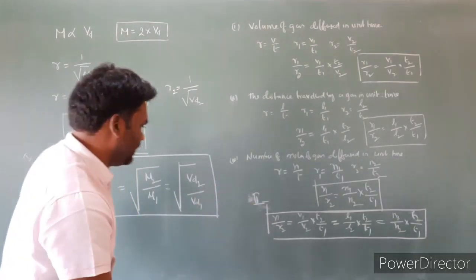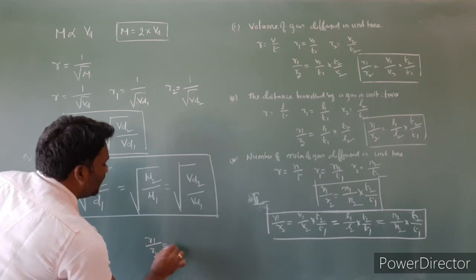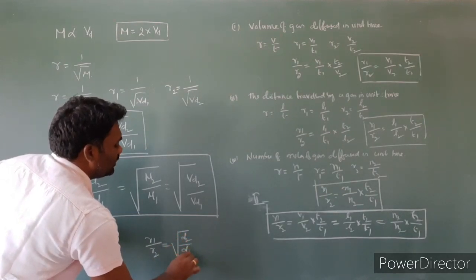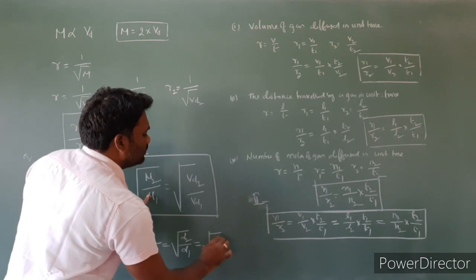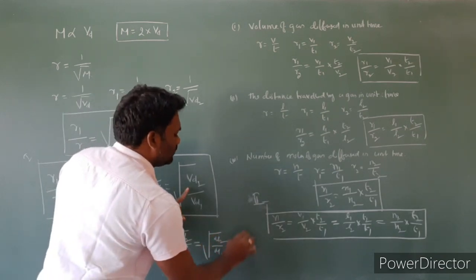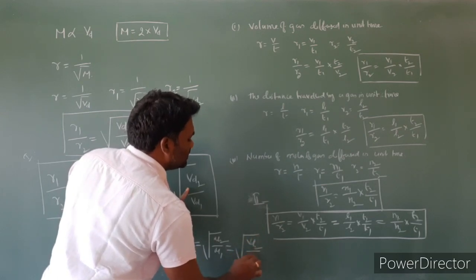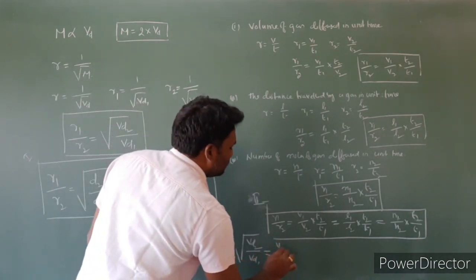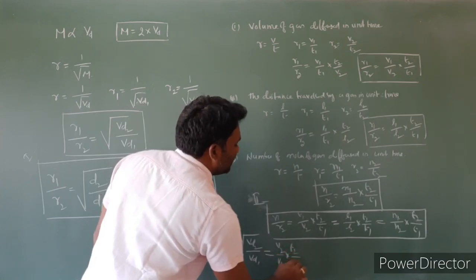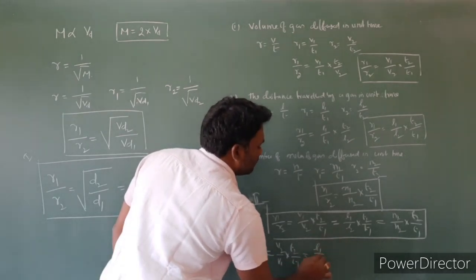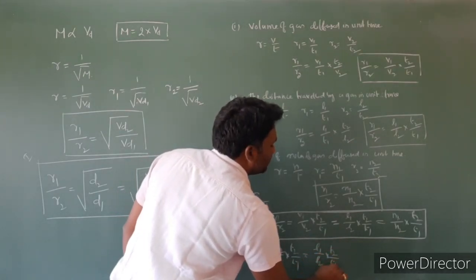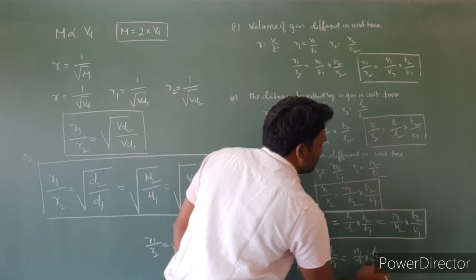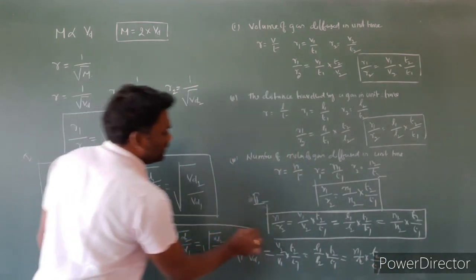So all together we can take R1 by R2 is equal to square root of d2 by d1, that is equal to square root of M2 by M1, that is equal to square root of vapor density 2 by vapor density 1, that is equal to what we can expect, V1 by V2 into T2 by T1, that is equal to L1 by L2 into T2 by T1, that is equal to N1 by N2 into T2 by T1, by combining these two sets.